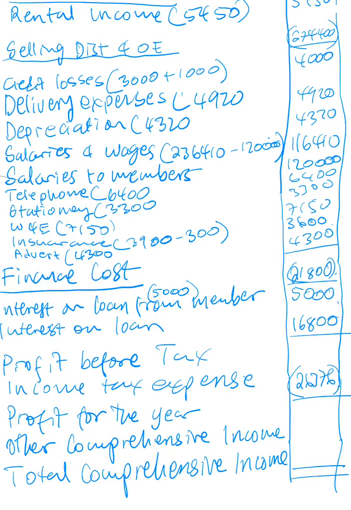Then that will give you that profit for the year, which will be 72,400. Other income, nothing. So total comprehensive income will be 72,400 as profit before tax.